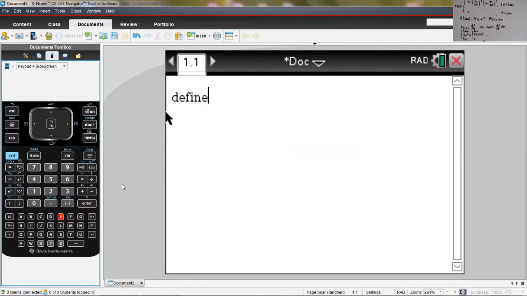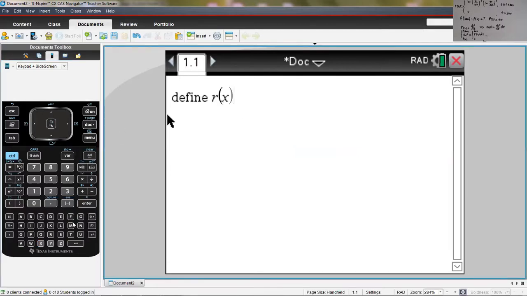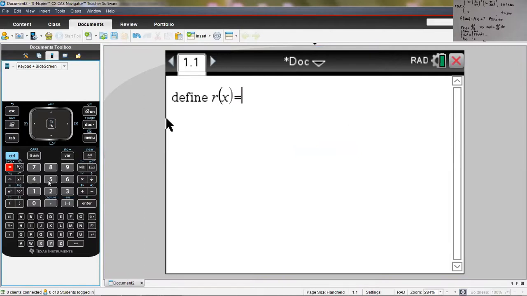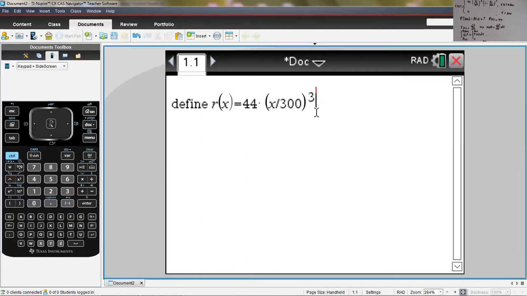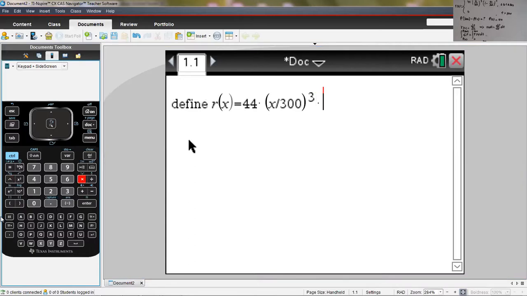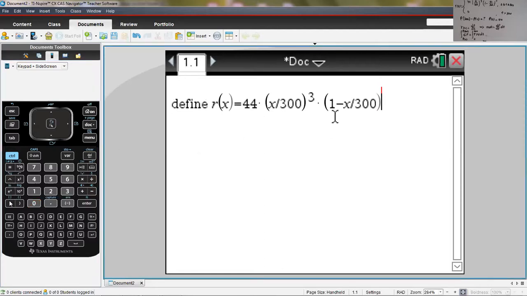Define R of x equals, and I'm going to type this only once: 44 times (x divided by 300)... no, x over 100, cubed, times (1 minus x over 300), to the 7th. With this we save time because we type it just once.